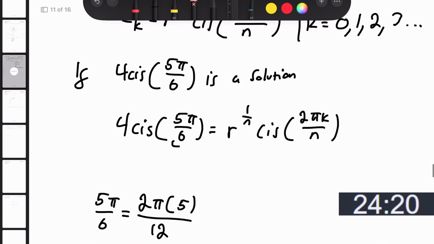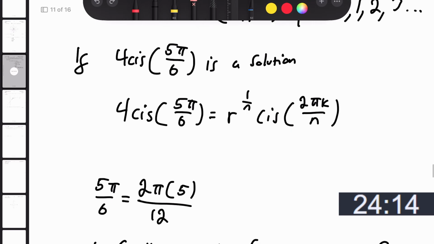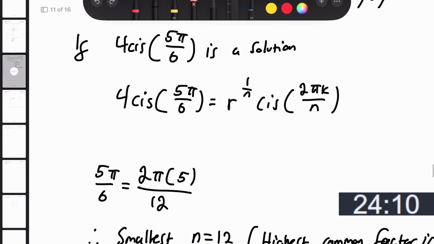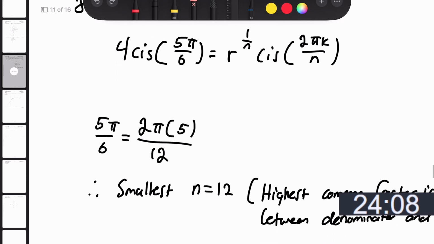So I need this to be in some form of that. And then we can just say that k was 5.